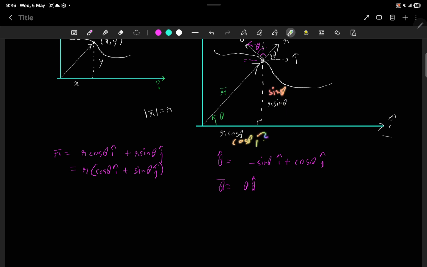So cos theta i cap plus sin theta j cap will be my r cap, which is what I have written here. So I have defined two new directions.